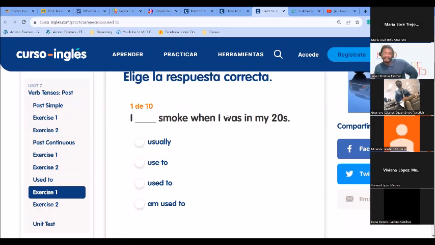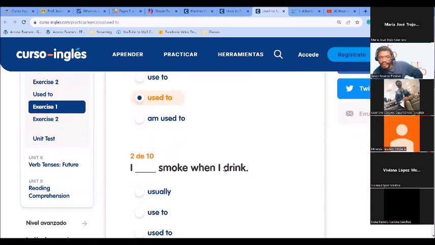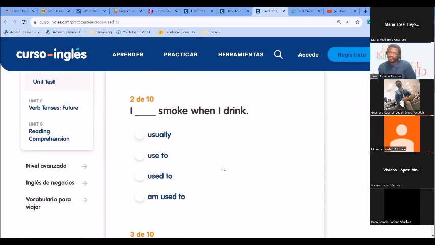Look at it again. Is used to. Exactly. When I was in my 20s, a long time ago, I used to smoke. All right, one more time. Full sentence. I used to smoke when I was in my 20s. Good. All right, let's go with Julio, number 2.